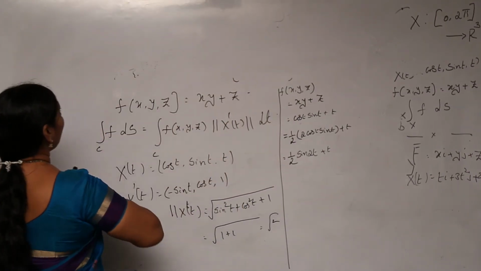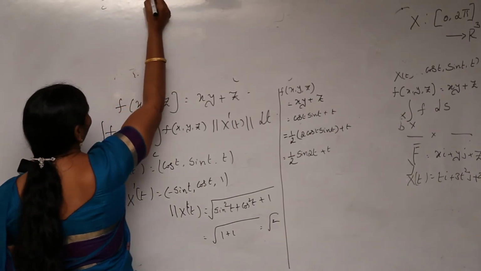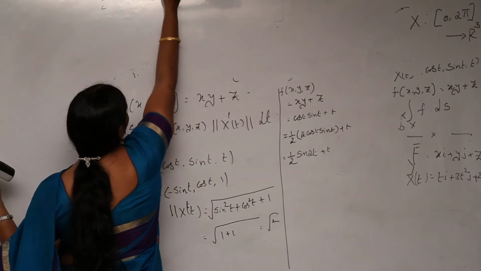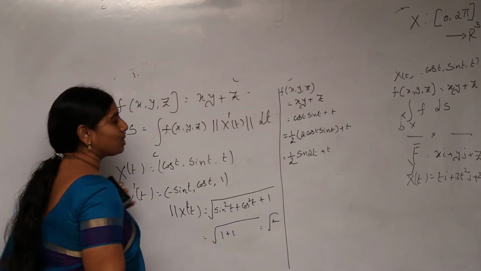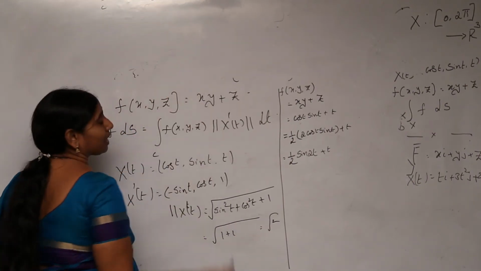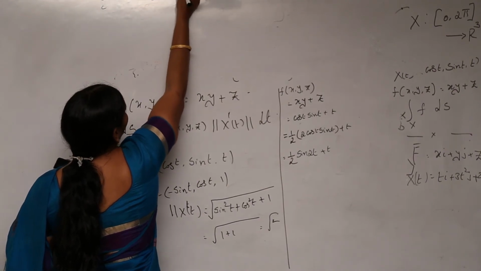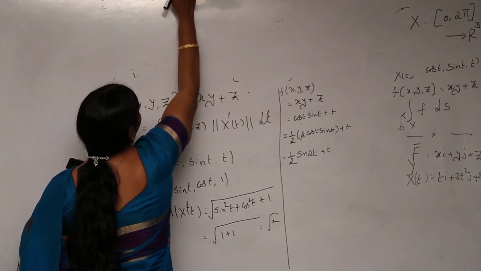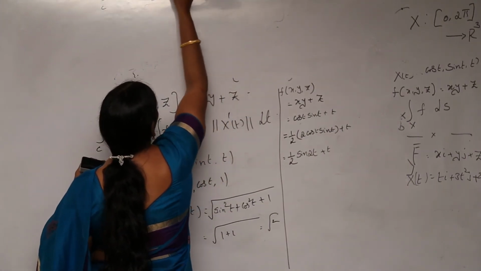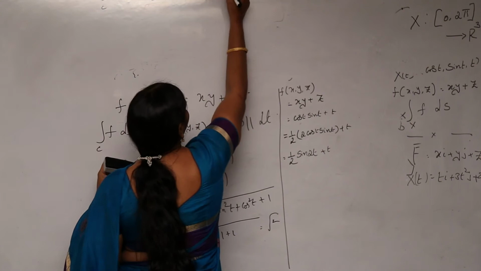The integral along the curve C of f ds is equal to the integral; remember, the limits of integration are 0 to 2 pi. So the integral from 0 to 2 pi of f of capital X(t), that is half of sin 2t plus t, times norm x'(t) dt.